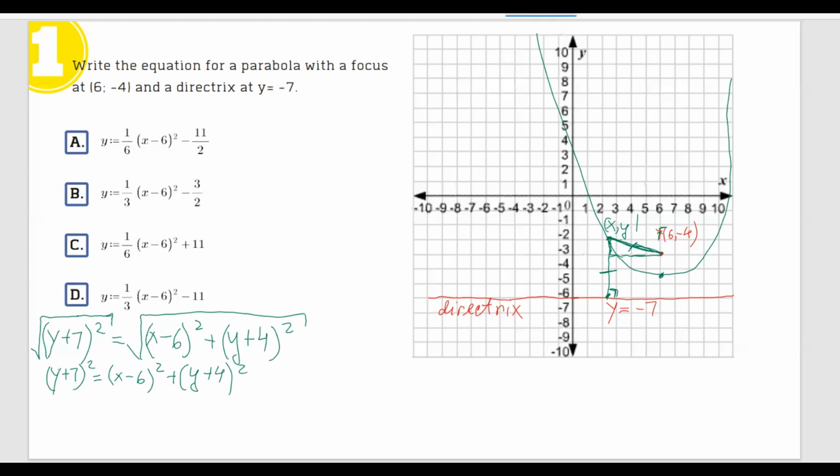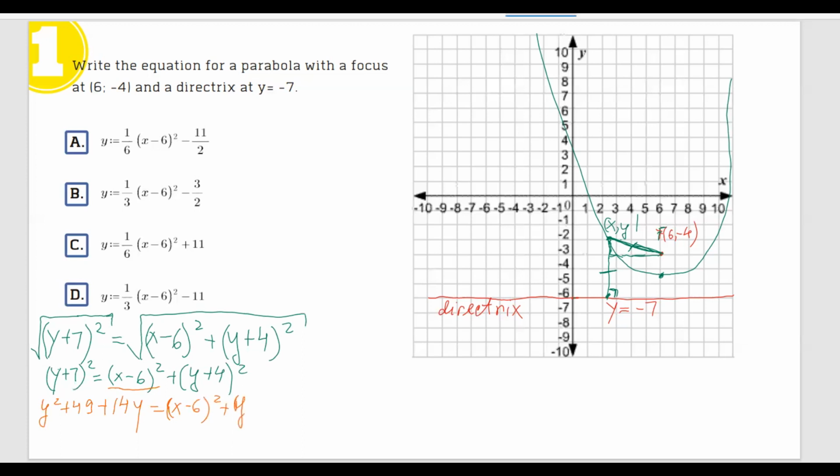And now let's open the parentheses. We're going to have y squared plus 49, which is 7 squared, plus 14y equals, this member I will write the same. We're now going to open the parentheses: (x minus 6) squared, and let's open this parenthesis.